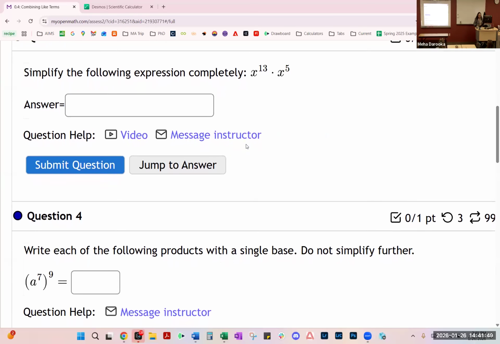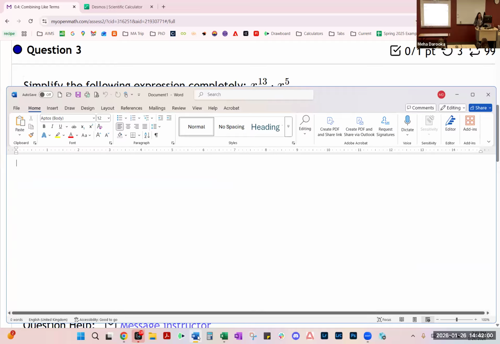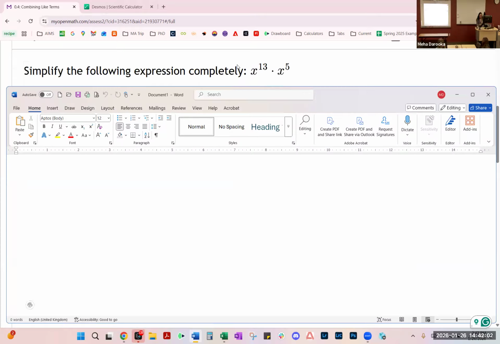All right, so we are actually getting into rules of exponents over here. Just to refresh your memory, whenever you are looking at the same base with different exponents, as long as the bases are the same, right?